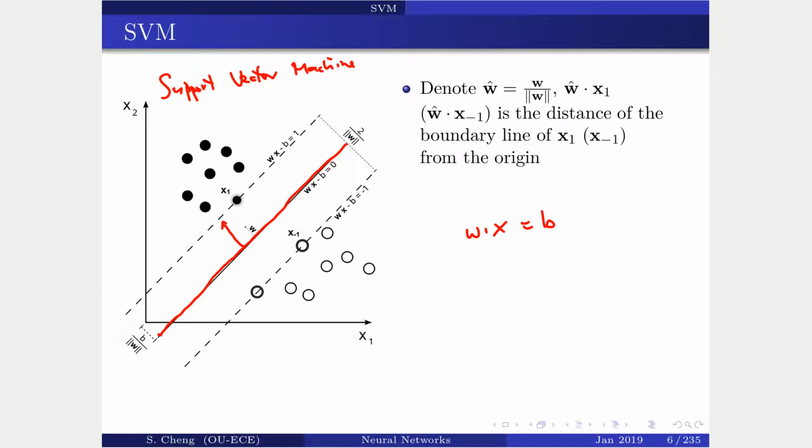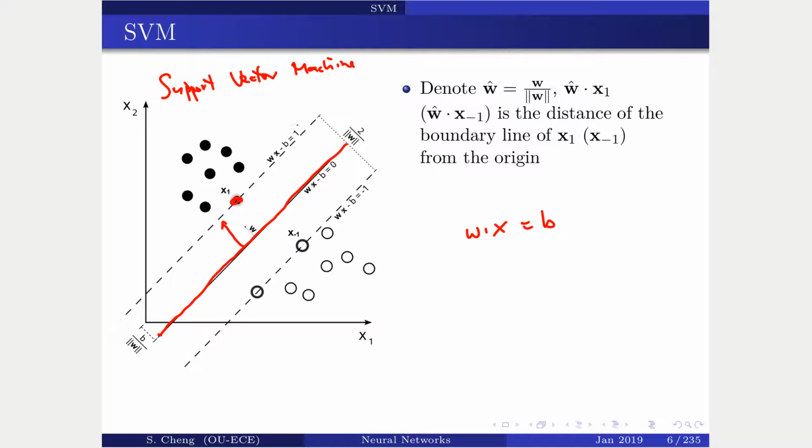also equal to another constant, right? Here, I just assume that I adjust w and b in such a way that at the support vector, the plane hitting this support vector will be w·x − b = 1. It's okay with that, right?